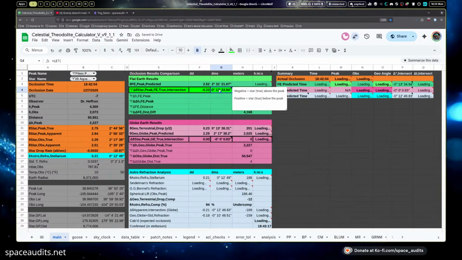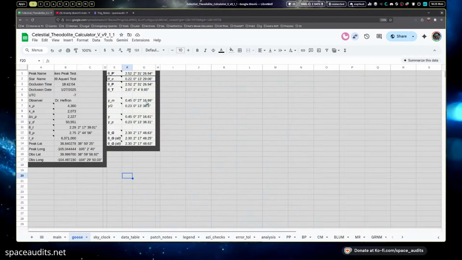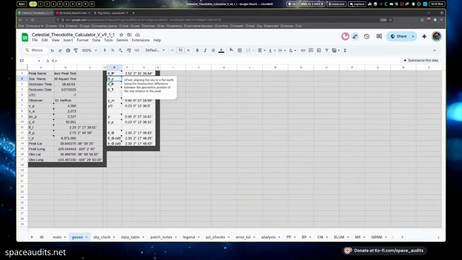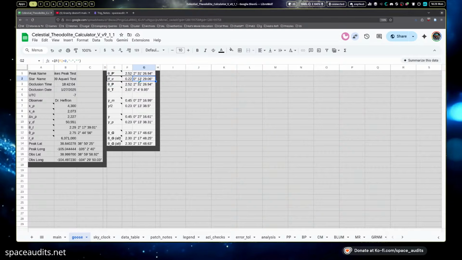So the offset angle there, the flat Earth is now off by that elevation difference, which is the drop over distance. Now, in terms of how everything worked out, all the ways to derive the predicted angles remain exactly the same, except the offset difference now, because it's anchored to the observer-centric position that the globe predicts. The offset to the flat Earth frame, basically the peak, would be 13.5 arc minutes.